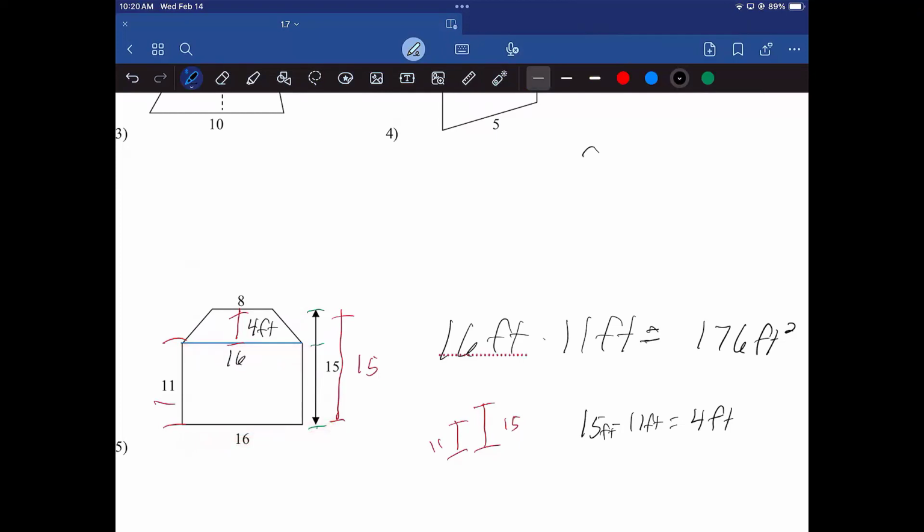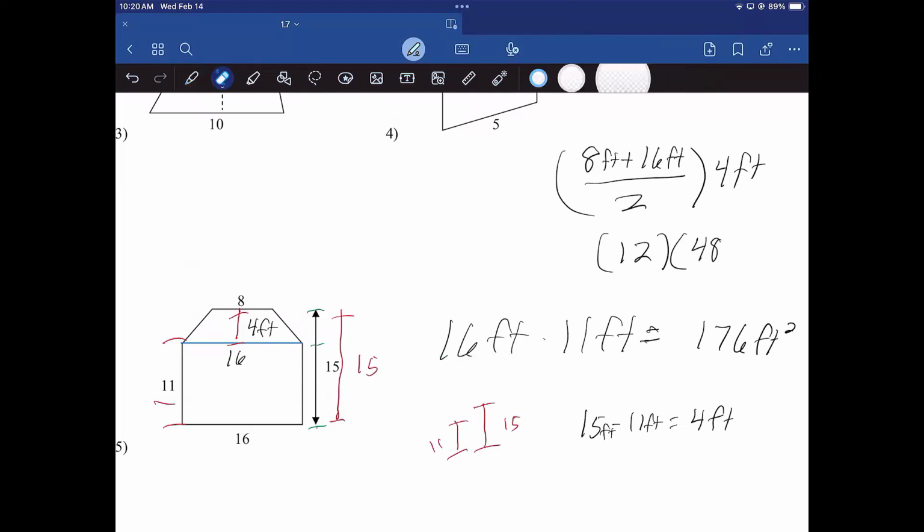So now I have base 1 of 8 feet plus base 2 of 16 feet, divided by 2, times the height of 4 feet. 16 plus 8 is 24. 24 divided by 2 is 12. 12 times 4, 48.